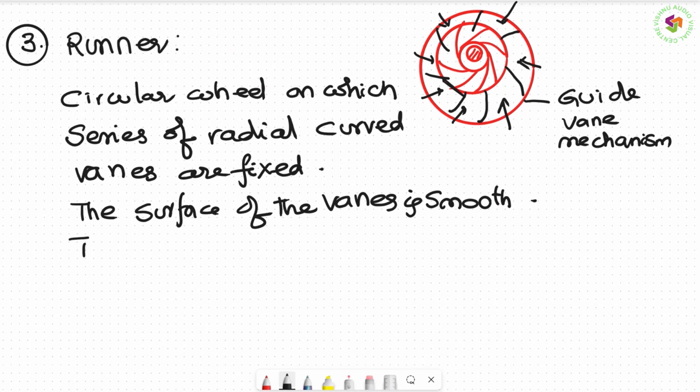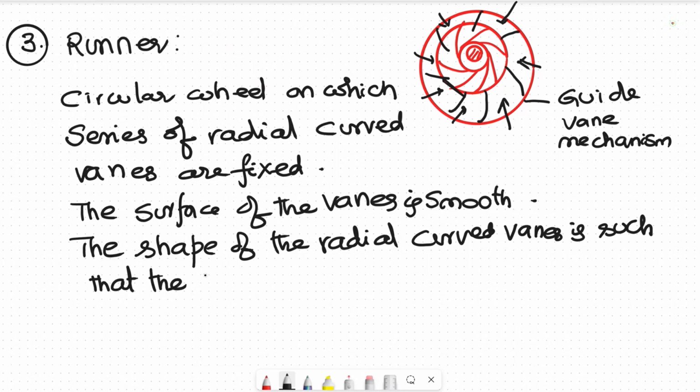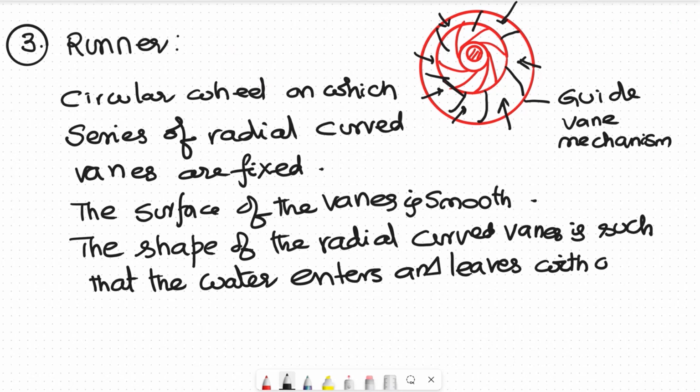The shape of the radial curved vanes is such that the water enters at the outer periphery and leaves at the inner periphery without any shock.